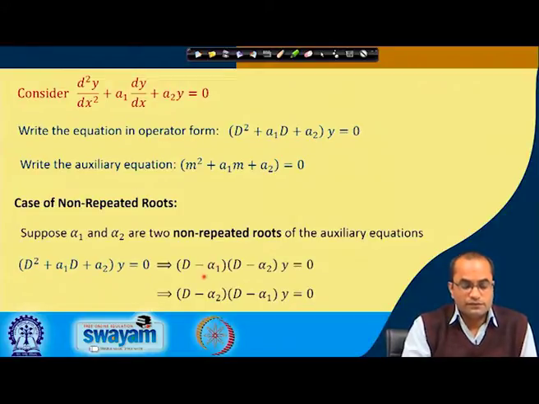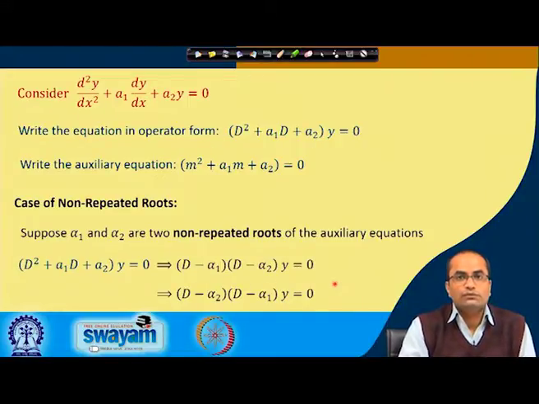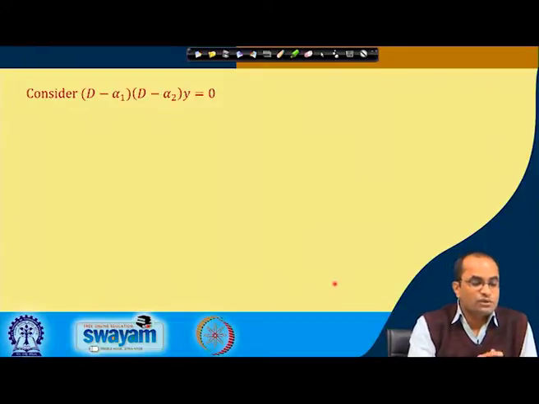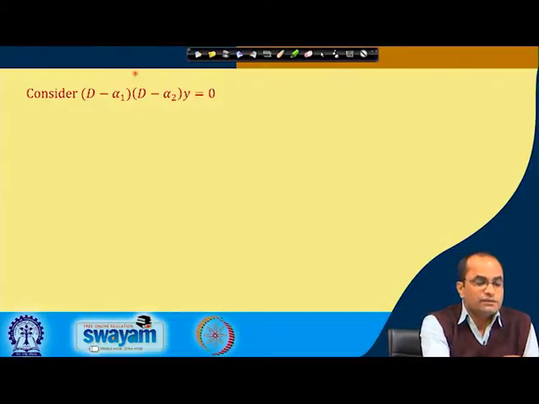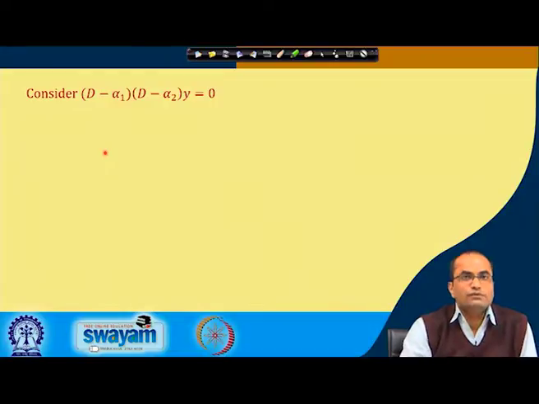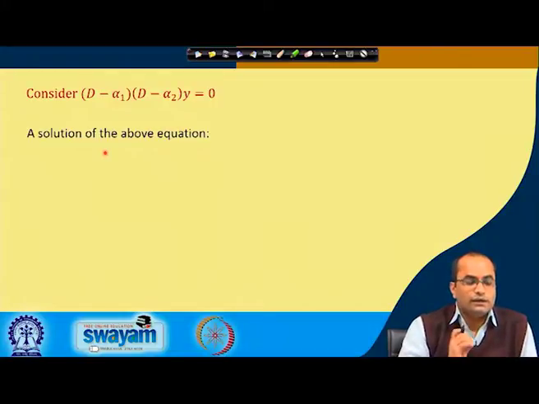From the last lecture, the order of this product is immaterial, so we can take D minus alpha 2 first and then D minus alpha 1 operated on y, which is equal to 0. We consider first (D minus alpha 1)(D minus alpha 2) y equal to 0.